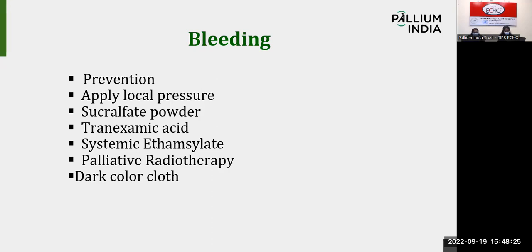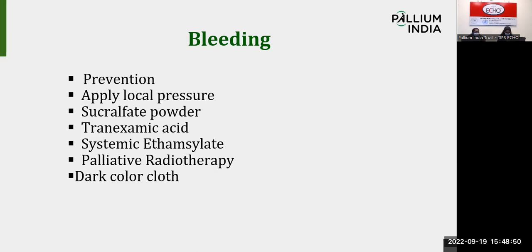If it is not controlled, you can apply sucralfate powder, the same medicine which we have used for peptic ulcer treatment. The same sucralfate has another action also. You can crush it into powder form and apply it on the bleeding part. Tranexamic acid also you can apply.